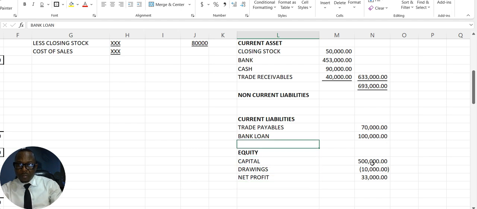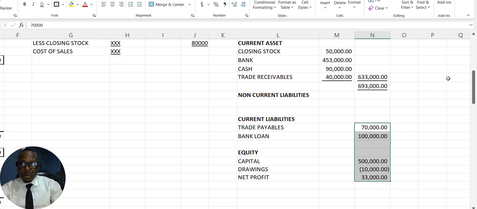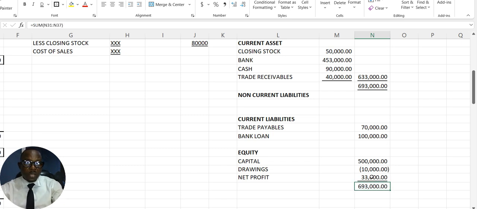Do we have something else? Okay, that should be all. So you find a way to sum this, and friends, as you can see, our account is balanced.